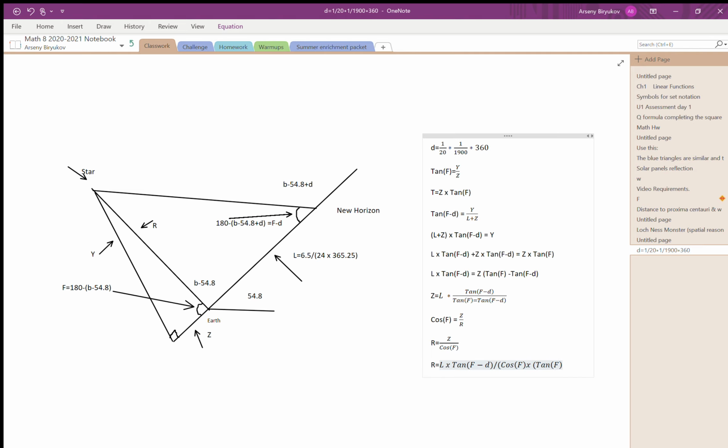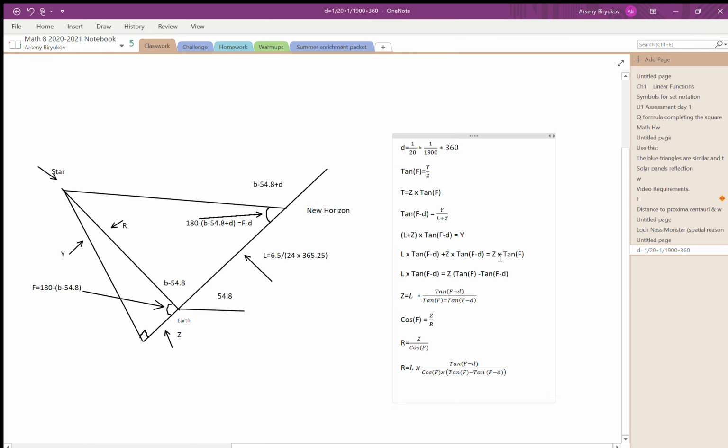We can use this equation to solve for the distance to both Proxima Centauri and Wolf 359.